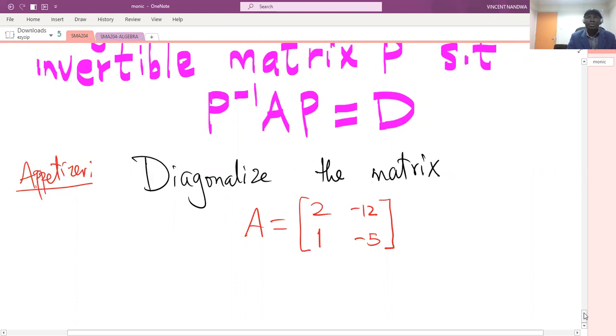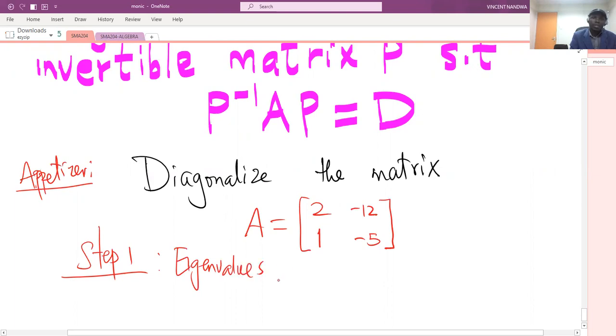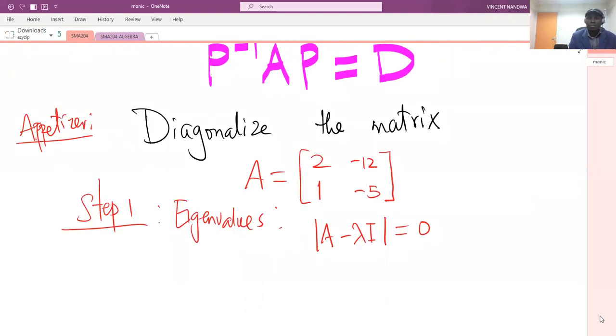So usually the first step is to find eigenvalues. Step 1 is to find eigenvalues. Remember, you find eigenvalues by solving this equation: determinant of A minus lambda I equals 0.